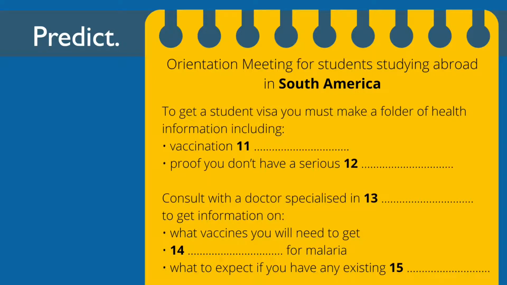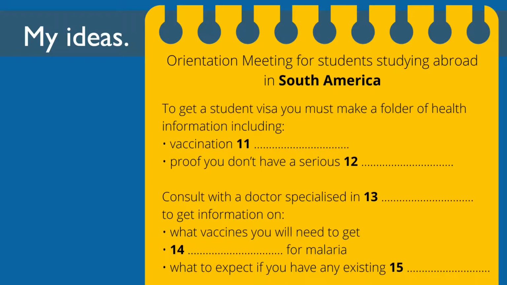So you can either think of the category of word, like is it a verb or a noun or an adjective, or you can try and think about what the specific word might be. You might have some idea. Pause the video and jot down your ideas, then press play when you're ready to compare yours with mine.